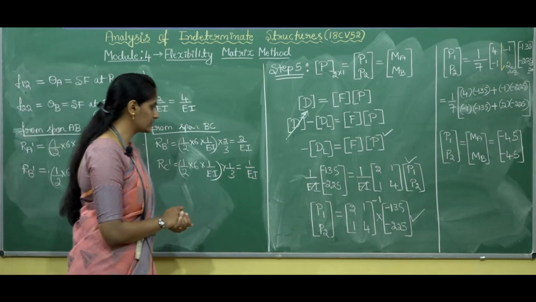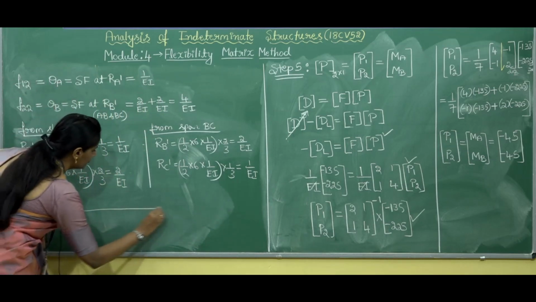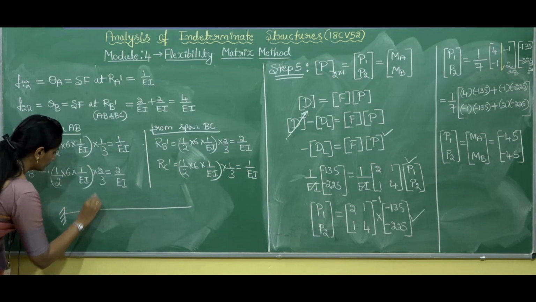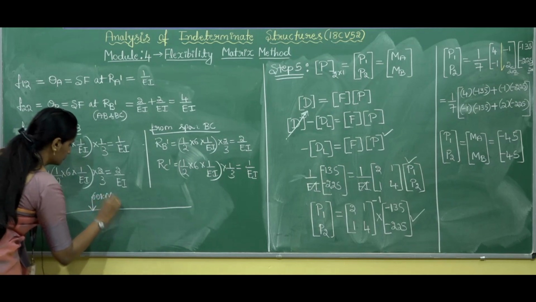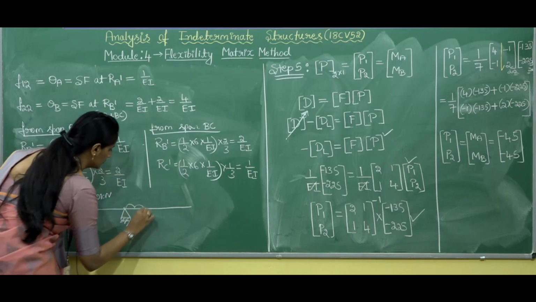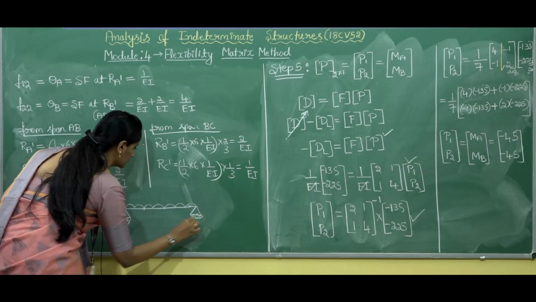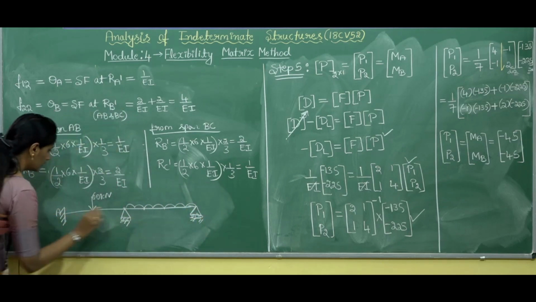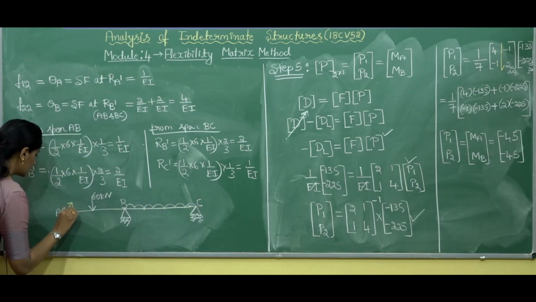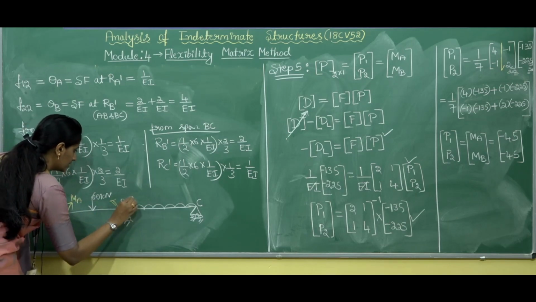We got the negative sign, which means in our original beam, this is our beam with 60 kilonewton, this is A, this is B and C. We marked this as MA and this as MB.